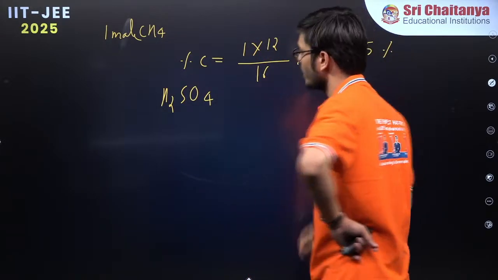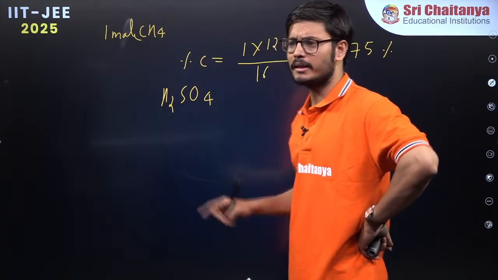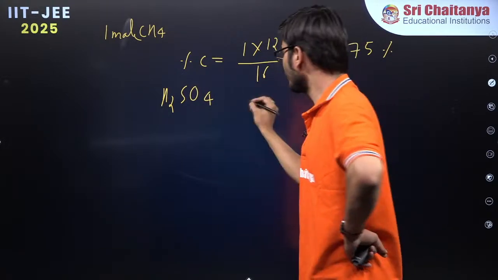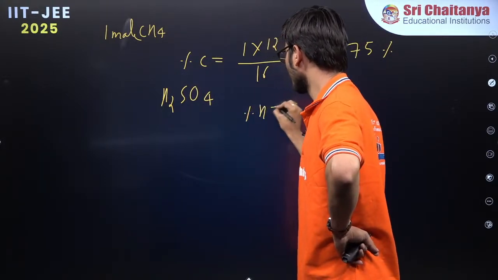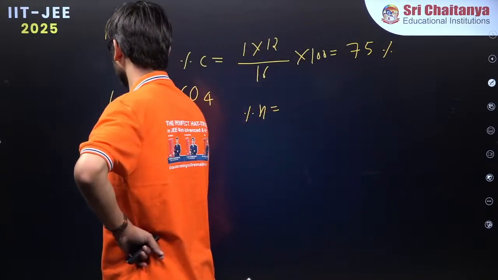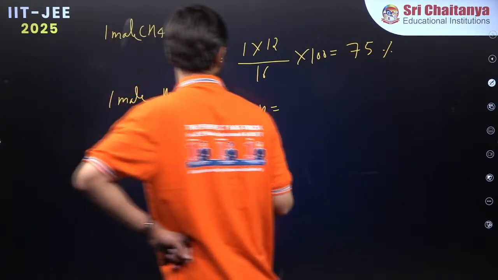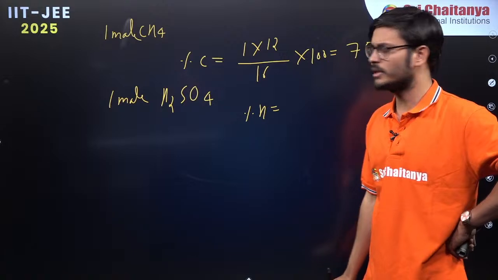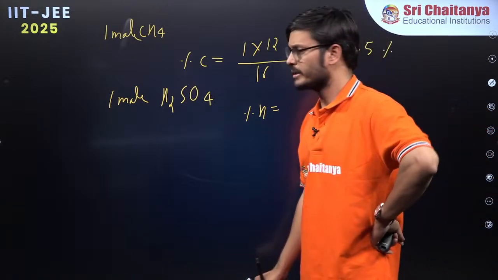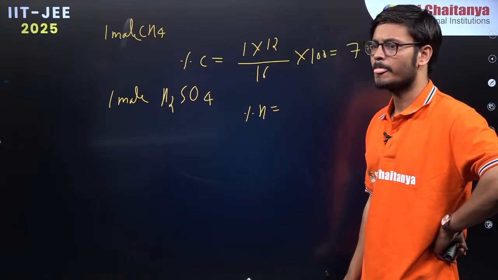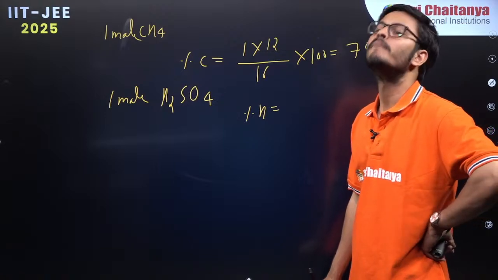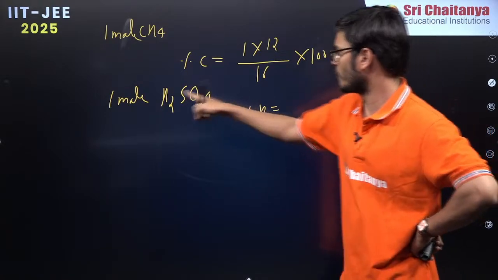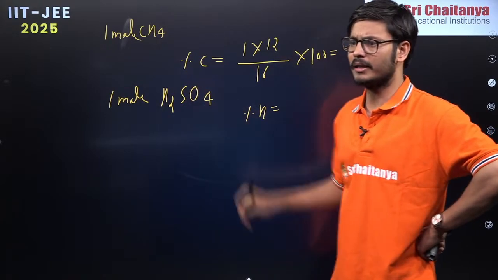Yes or no? For H2SO4, let us say we are having sulfuric acid. Give me the percentage of hydrogen, guys. So this is 1 mole of sulfuric acid. Can you give me the percentage of hydrogen for this? I have taken 3 elements now.